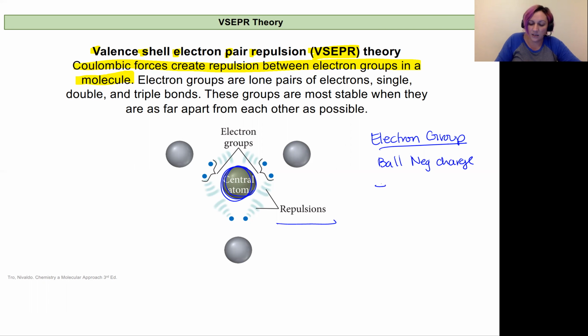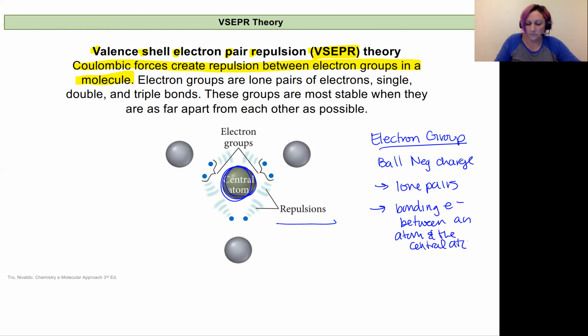So this is going to include, for covalent bonds, lone pairs or the atoms that are bonded to that central atom. So the bonding electrons. And this is going to help us build a picture of how these molecules look in 3 dimensions.